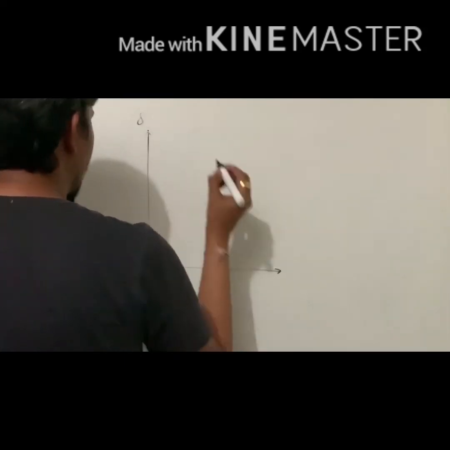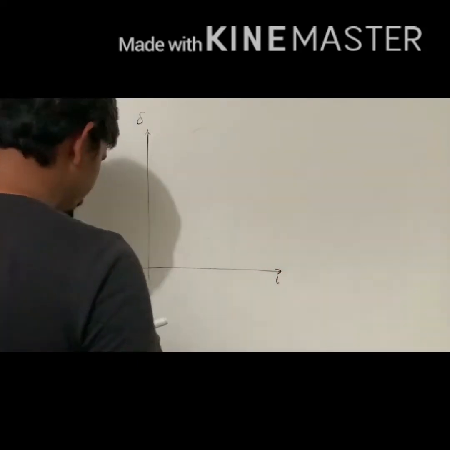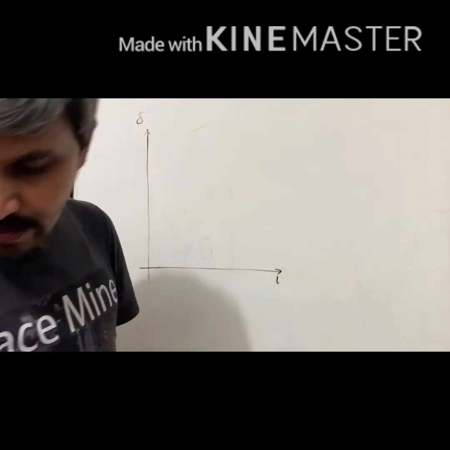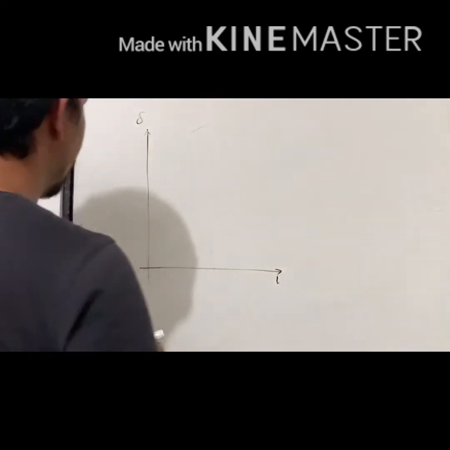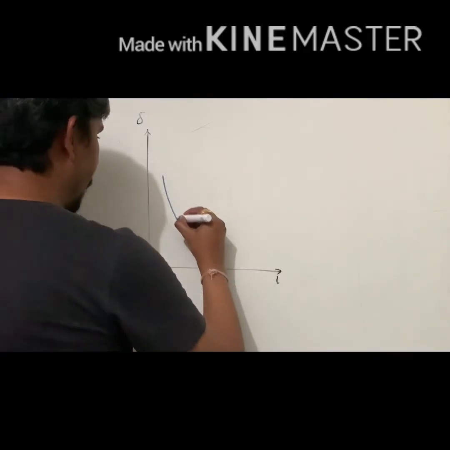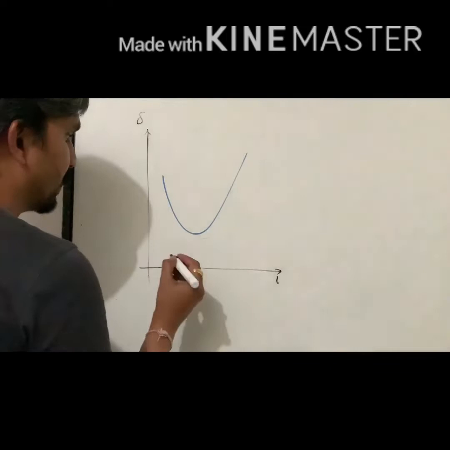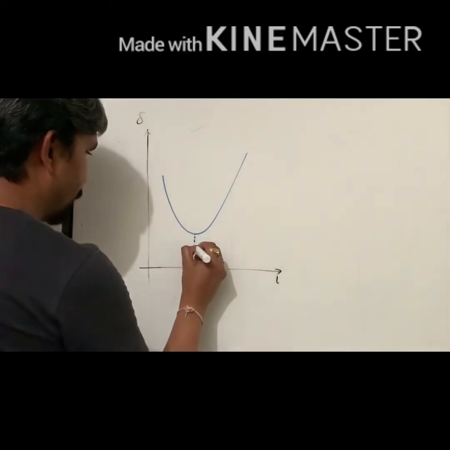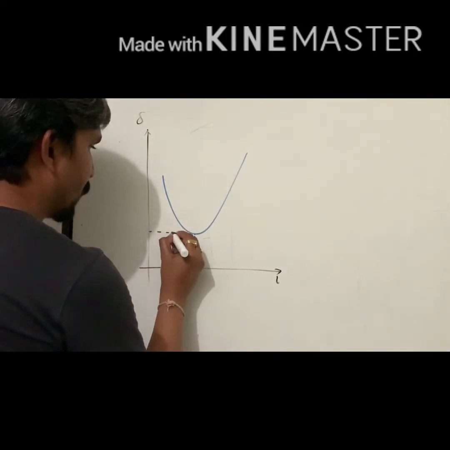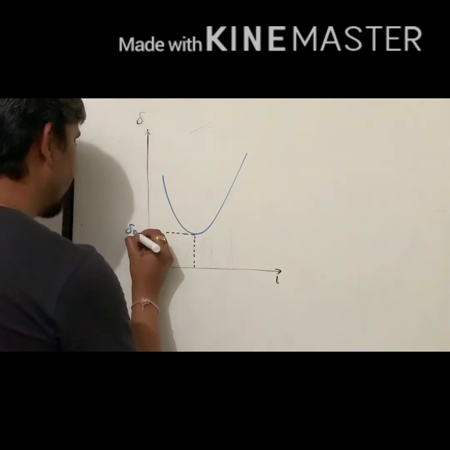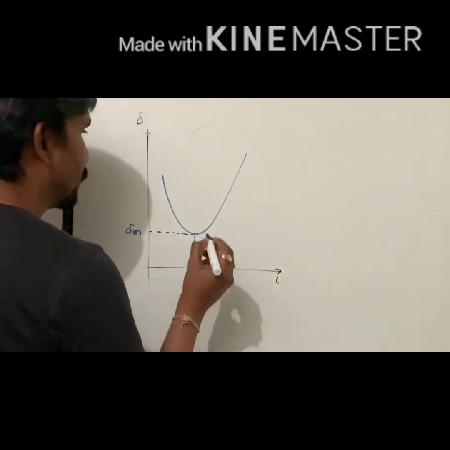This is delta on the y-axis, angle of incidence on the x-axis, right? Now the nature will be like this, right? It's like a sine curve. This is the tip point at which delta is delta m, where i equals e, right?